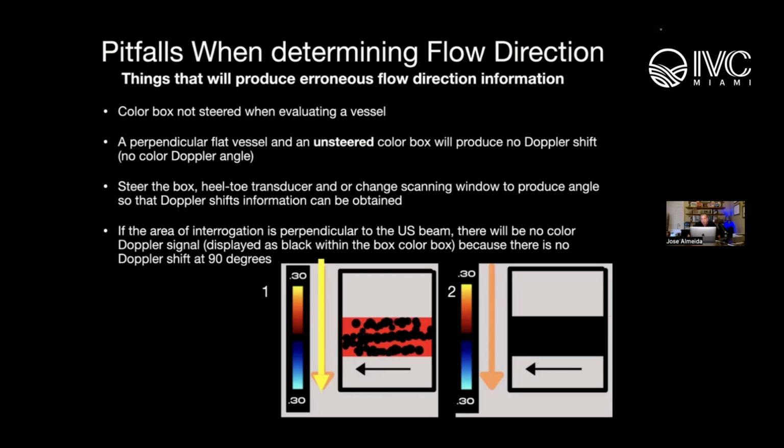By convention, you need to angle the ultrasound beam so that the reflected signal generates an image. Is it analogous that the steer of the box is analogous to adjusting the cursor inside the sample volume with pulse wave? Is that a similar concept? It is.